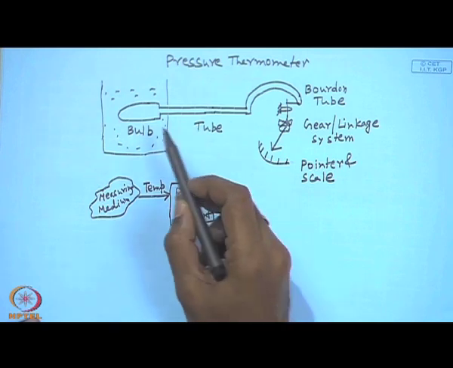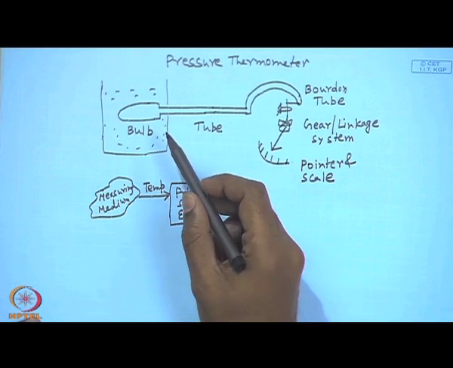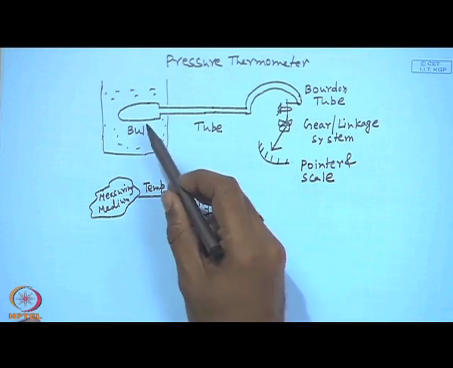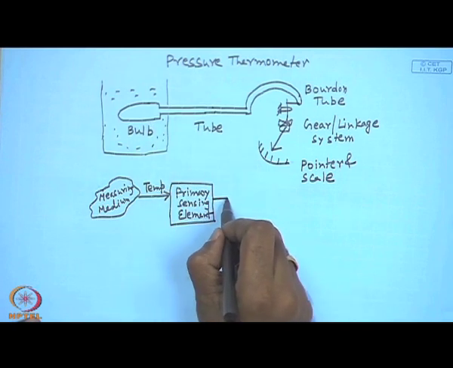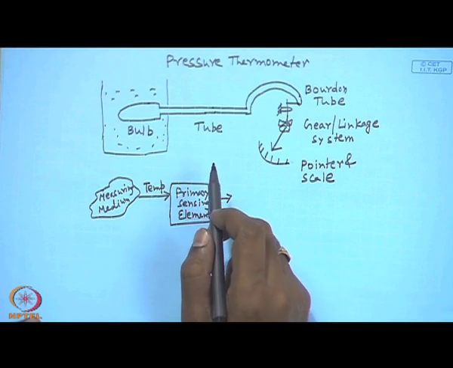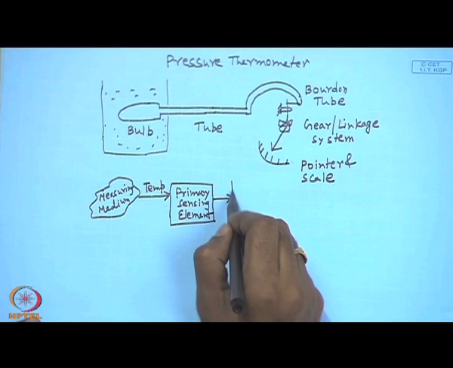And then what happens? Due to restricted thermal expansion of the filling liquid, a pressure is developed. That also happens inside the bulb. So, the temperature signal is being converted to a pressure signal. So, there is a variable conversion element.